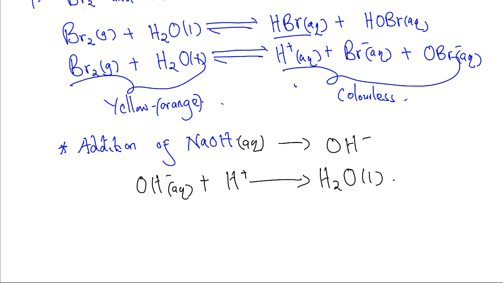It means that addition of sodium hydroxide brings the hydroxyl ion that removes hydrogen ion from the equilibrium mixture, and that will make the equilibrium shift to the right in order to replace more of the hydrogen ions being removed.